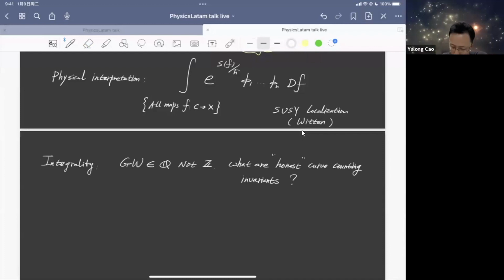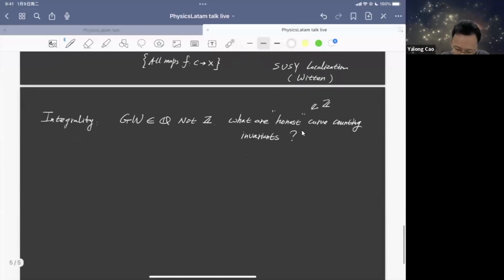Honest, at least what we mean is at least it should be integers. So now the story began from this important work of Klemm and Pandharipande, in the year 2007.